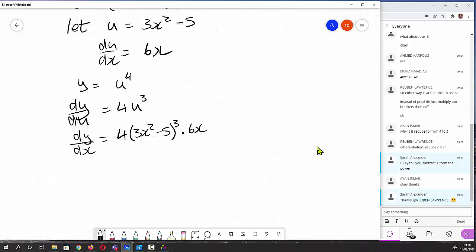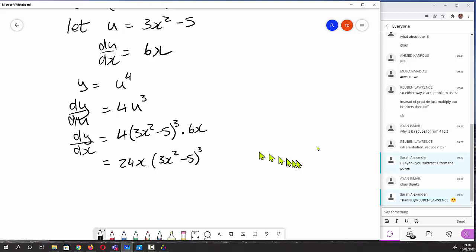So obviously you wouldn't leave your answer like that. You'd say that that is equal to 24x brackets 3x squared minus 5 cubed. Okay, and that is the differential of that.